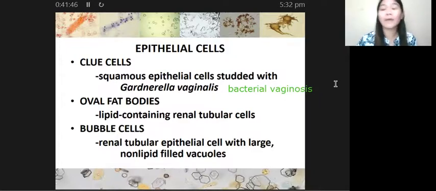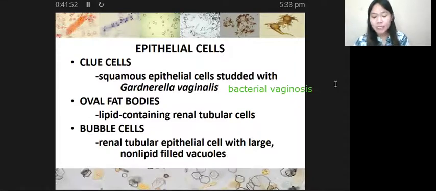Alright? So, another, we have your oval fat bodies. Your oval fat bodies, so these are highly refractile renal tubular epithelial cells, okay, that contains lipids. Okay, so yes, lipids na naman.